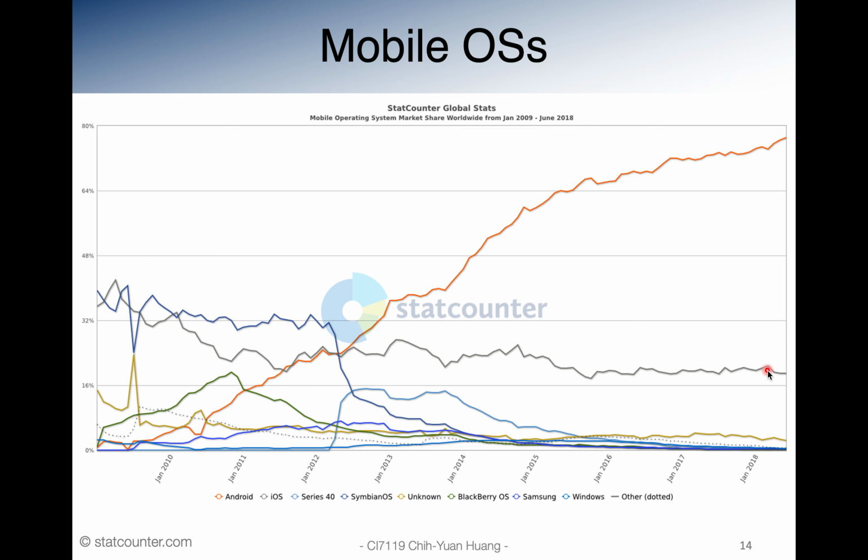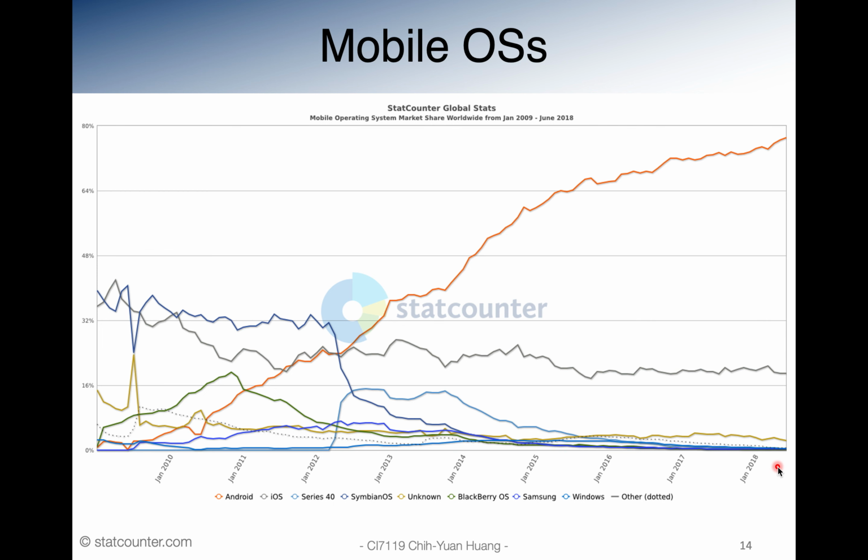So it's actually not a very healthy ecosystem or competition in terms of mobile operating systems. There are other operating systems over here, BlackBerry, Samsung, Windows and others, but they really occupy just a small percentage of the market share, I think less than 5% or even 3%.